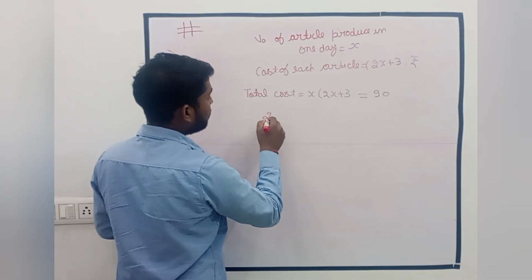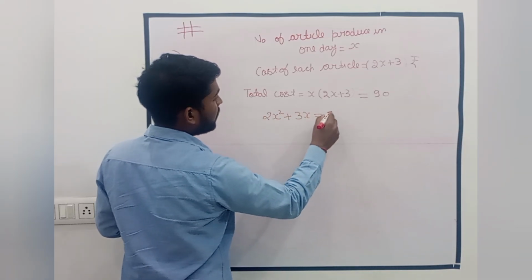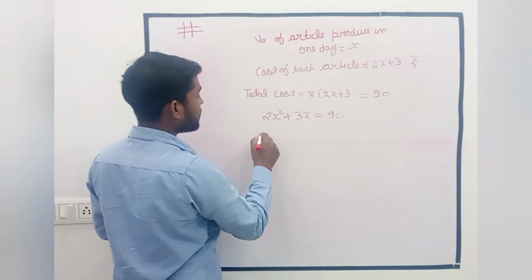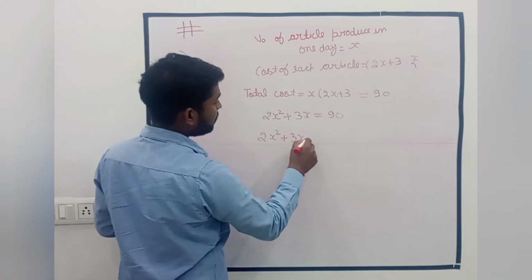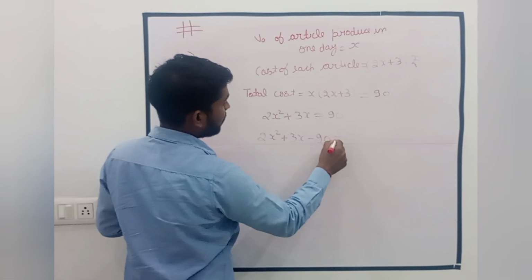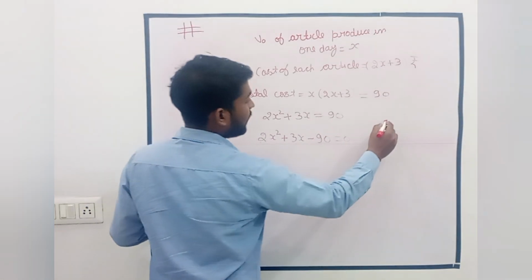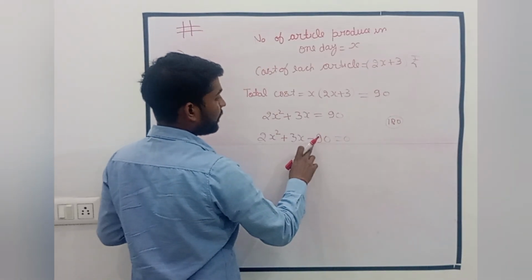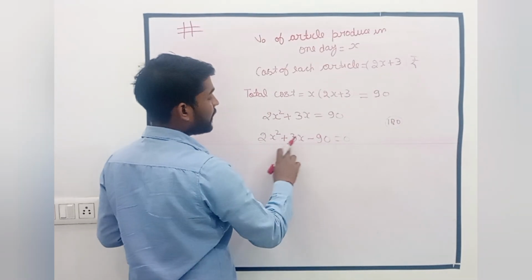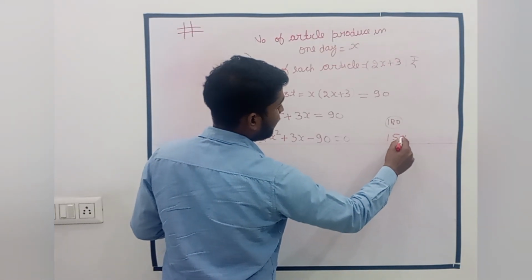We have solved this, and this will become 2x square plus 3x equal to 90, and we shift it to this side. 2 times 90 becomes 180, and the factors of 180 are such that the difference is 3, so we can take 15 into 12.